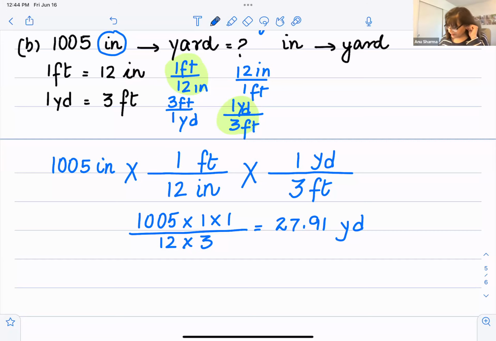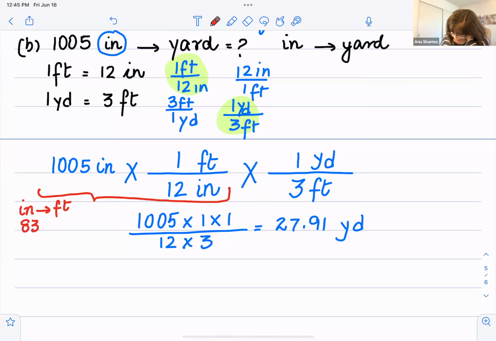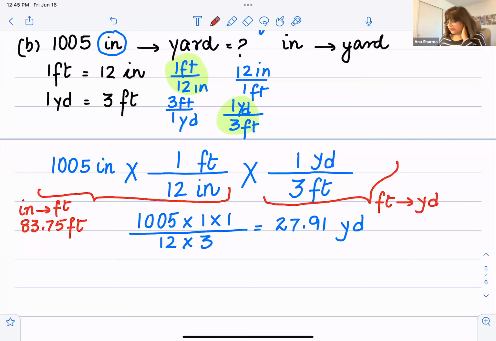The first part converts the inches to feet, and the answer to that alone is 83.75 feet. That's one step that the book has done. The next step is where you take the feet and convert it into yards. That gives you the final answer, 27.91.